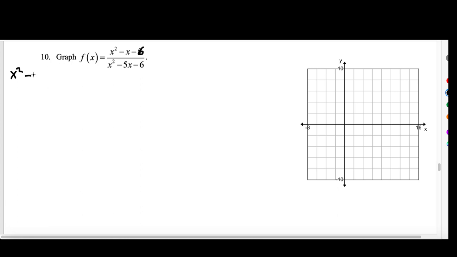So I have x squared minus x minus 6 over x squared minus 5x minus 6, and I set this equal to 0. Now I could multiply both sides by the denominator, which gives me x squared minus x minus 6 equals 0. The denominator essentially goes away.